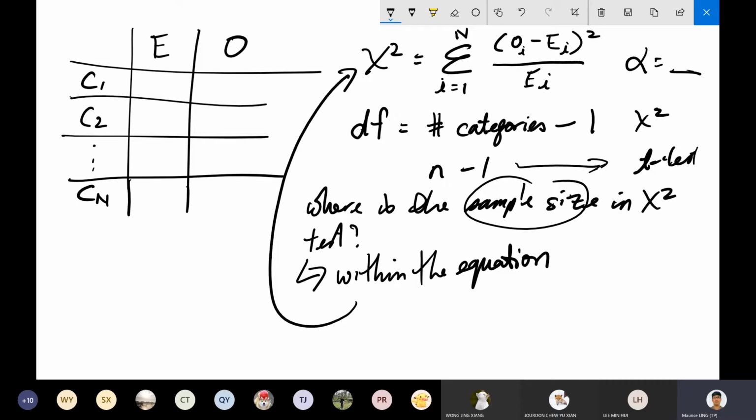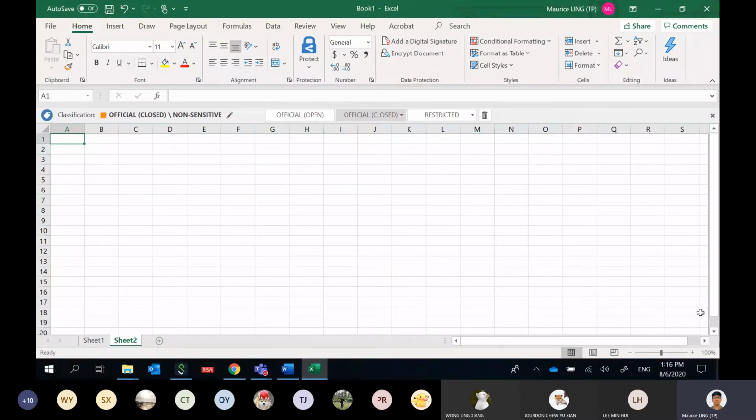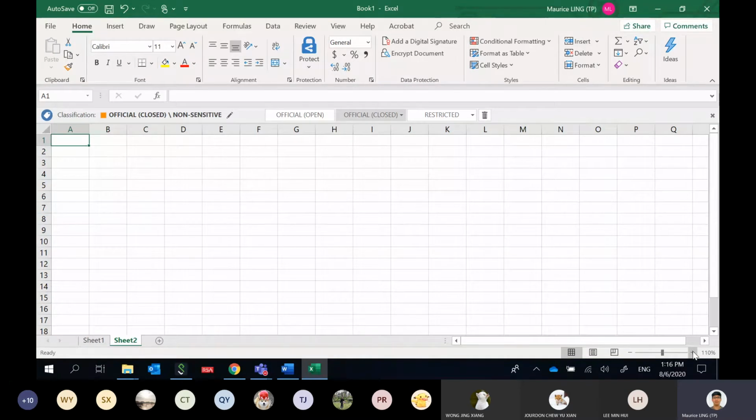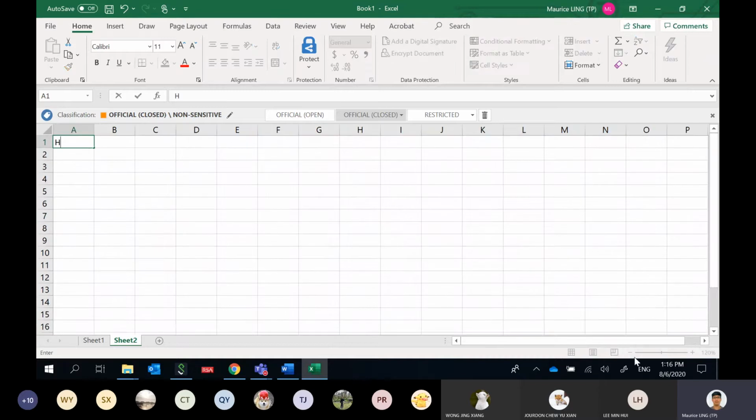Okay. So let me just give you a simulation for you to see. I always try this all the time because a lot of students will miss out. So let's say I'm going to test a hypothesis. So my null hypothesis says that there's equal preference between coffee and tea.